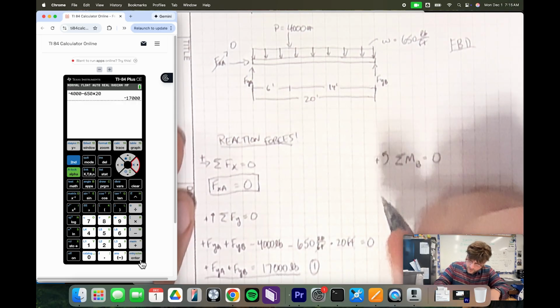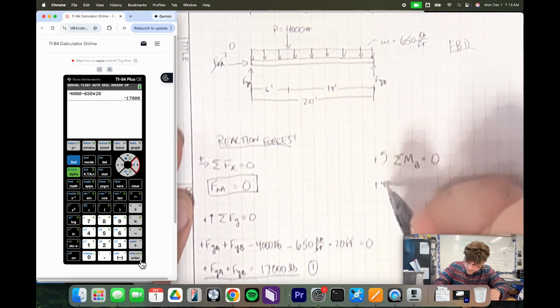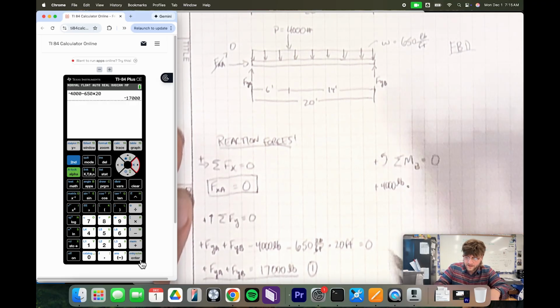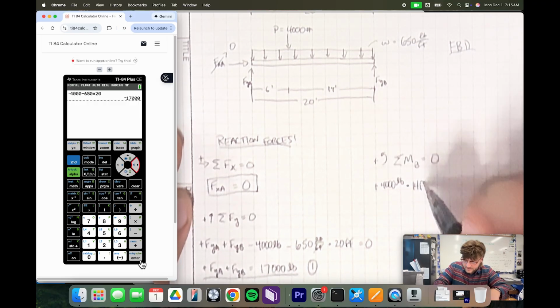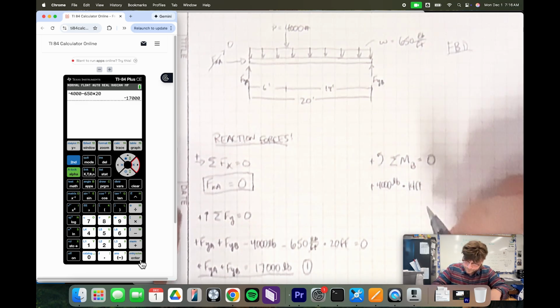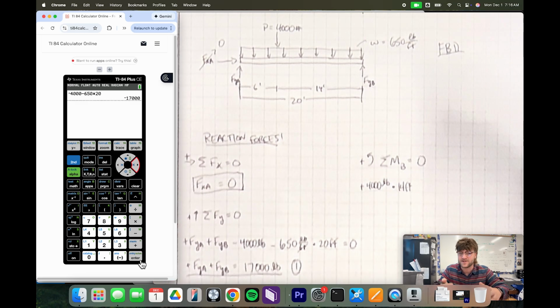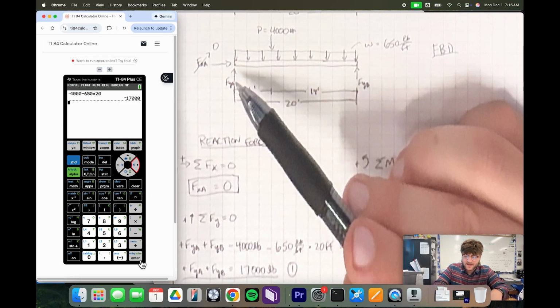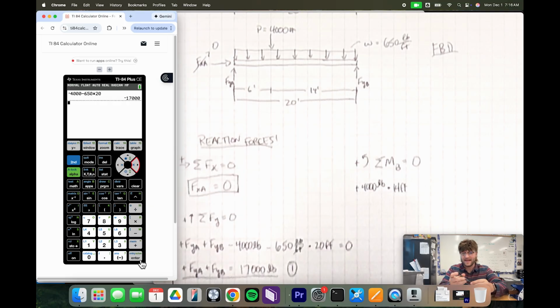So what we're going to go ahead and do is write down plus 4,000 pounds, and then we're going to multiply that by that 14 feet. And so the unit of moment is pounds times feet. Or if you're talking SI units, it's newtons times meter. Now, what we also have is FYA, which is going to be a negative force.